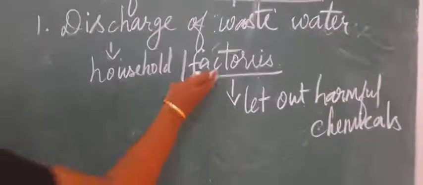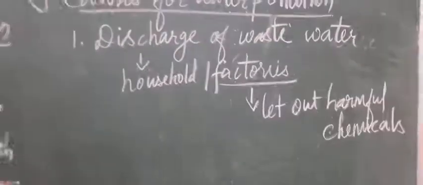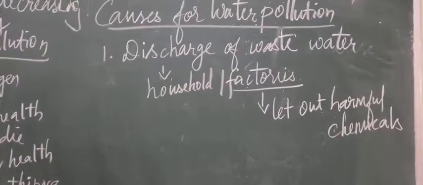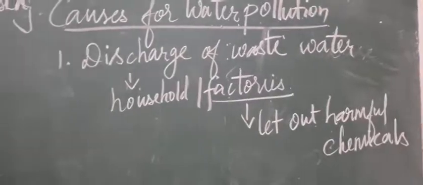So those chemicals let out by the factories are discharged into the water bodies, and they make the water poisonous for the aquatic animals and also for the plants.